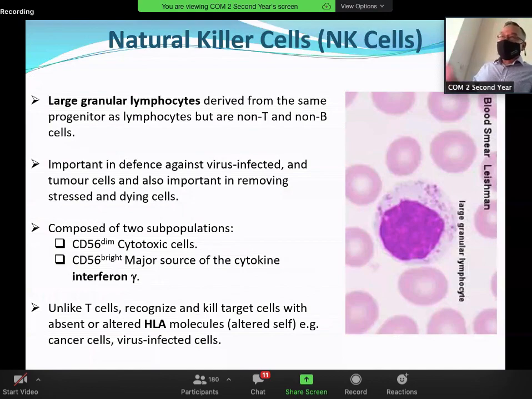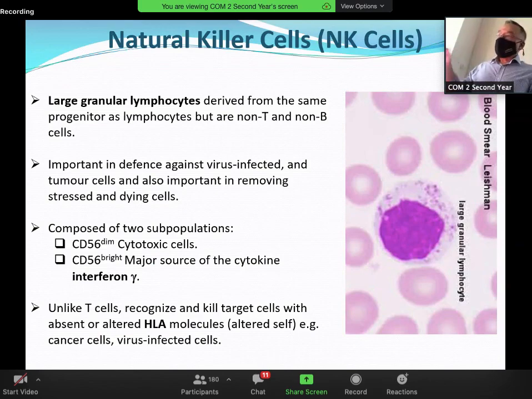Now, natural killer cells, every day, are scanning all the cells in our body. And where they see a healthy cell expressing this healthy HLA molecule, it instructs the natural killer cell to leave that cell alone because it's part of the body.